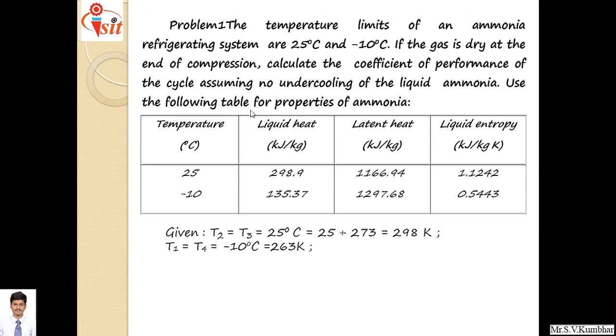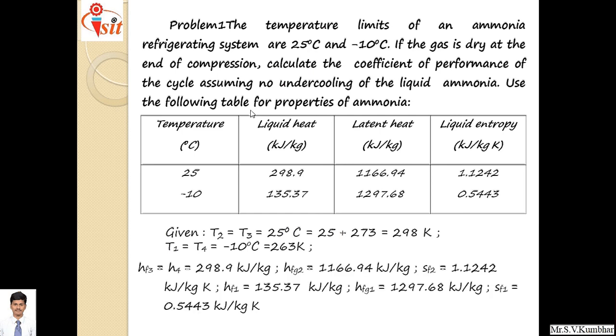So what is given? T2 is equal to T3 is equal to 25 degrees. Try to convert it to Kelvin: 25 plus 273, that is 298 Kelvin. T1 is equal to T4 is equal to minus 10 degrees centigrade, that is 263 Kelvin. HF3, that is H4, is given as 298.9 kilojoule per kg. This is the data.